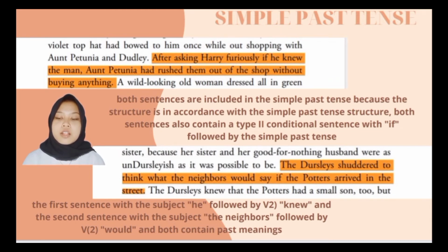But the sentence also contains a type 2 conditional sentence, with if followed by the simple past tense. The first sentence has the subject he followed by verb 2 knew, and the second sentence has the subject the neighbors followed by verb 2 would, and both contain past meaning.